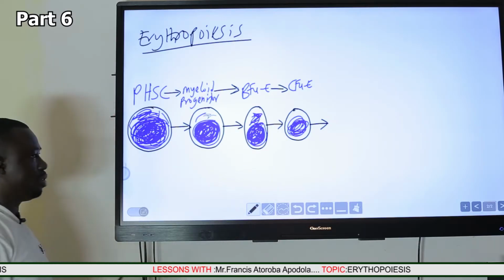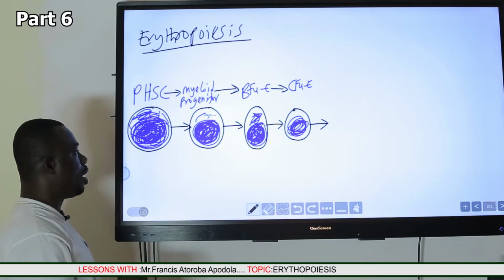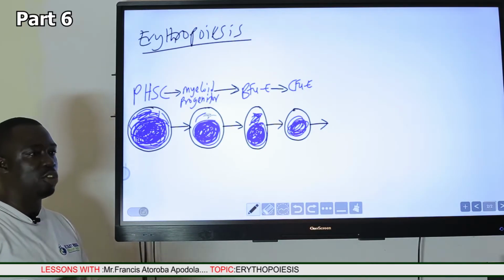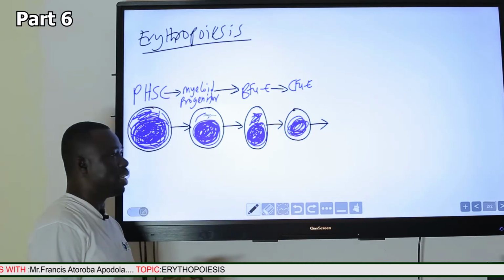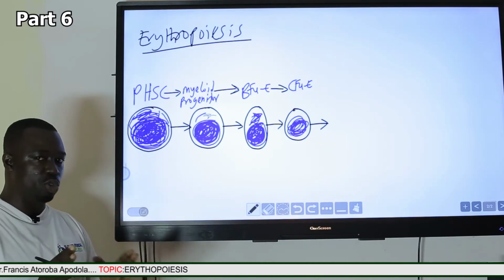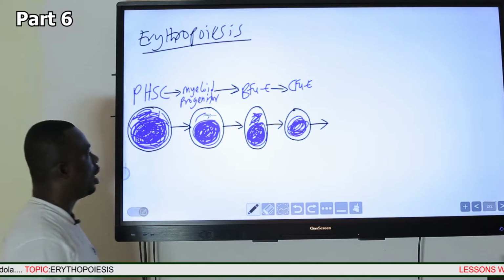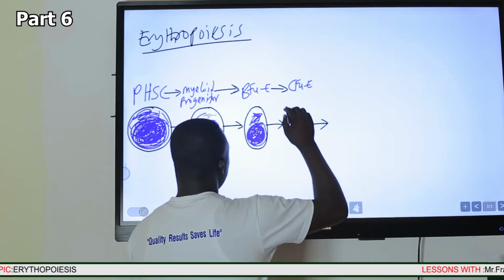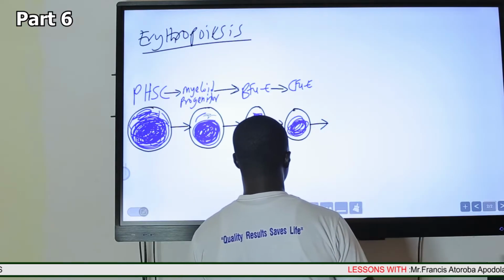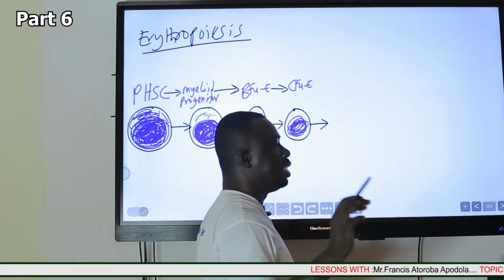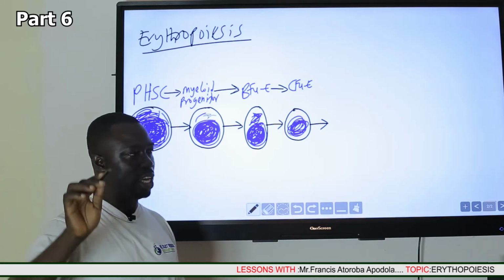As mentioned in the previous lesson, the burst-forming unit erythroid consists of greater than 200 erythroblasts as colonies, whilst the colony-forming unit erythroid has about 8 to 200 erythroblasts when we do a hematopoietic assay. Remember that differentiation is an attempt to achieve specialization.